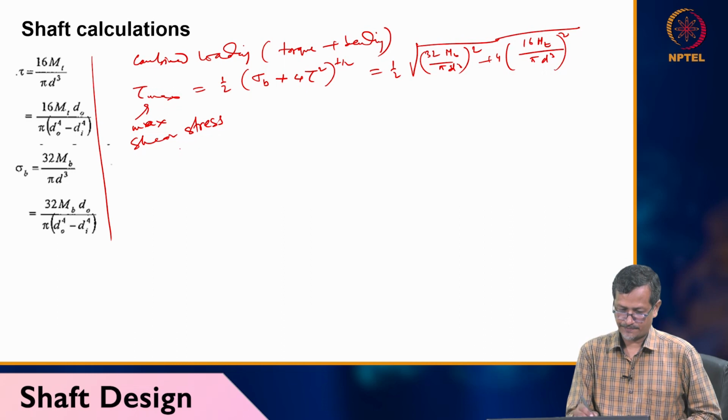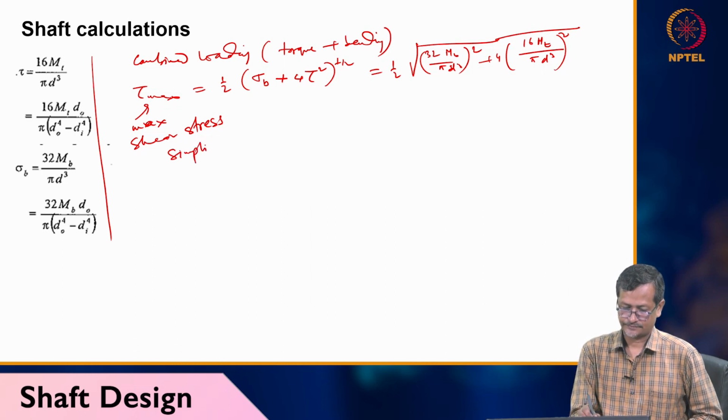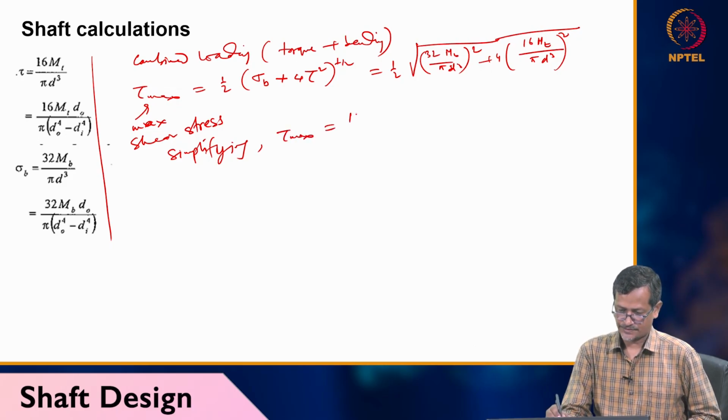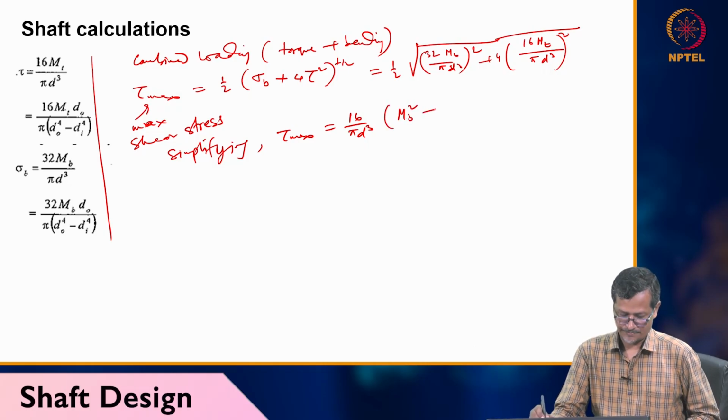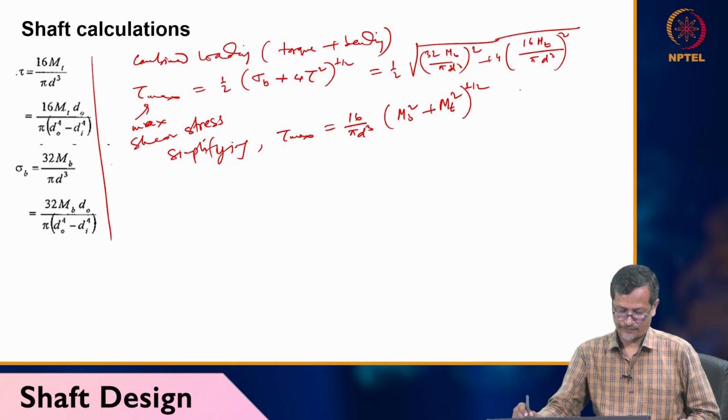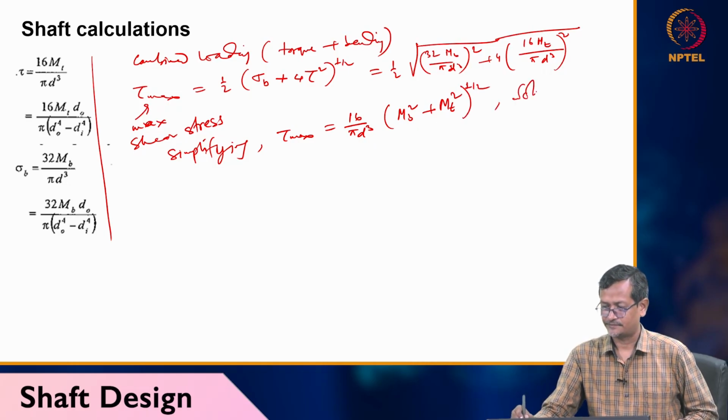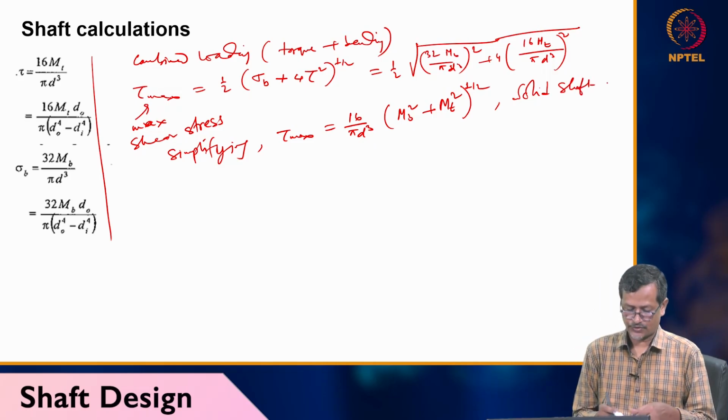Now simplifying, tau max equals 16 by pi d cube times (Mb square plus Mt square) to the power half, for a solid shaft.